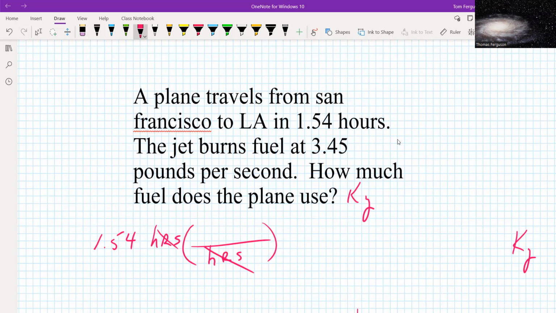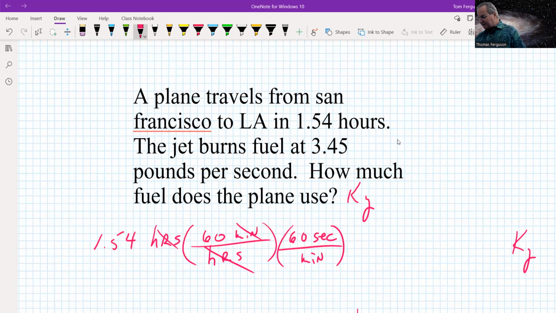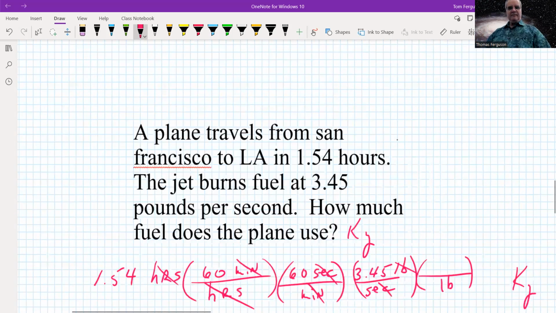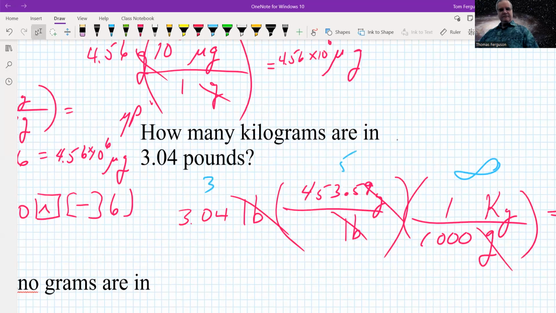Yes. How many minutes in an hour? Well, that's two conversion factors to get us there. All right. So let's go with minutes. Okay, now we're in seconds. Okay, now we can use the 3.45 pounds per second. Now we're in pounds. How do we get to kilograms? Yeah, the same problem we had before. This one here. 453.59.